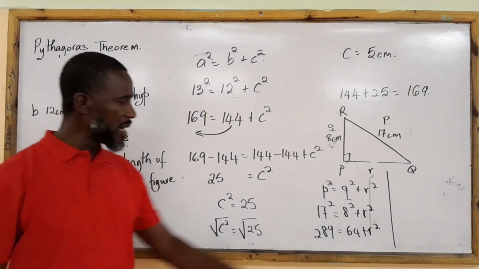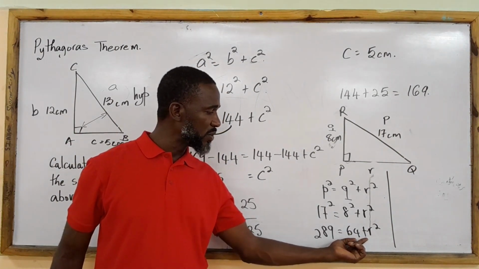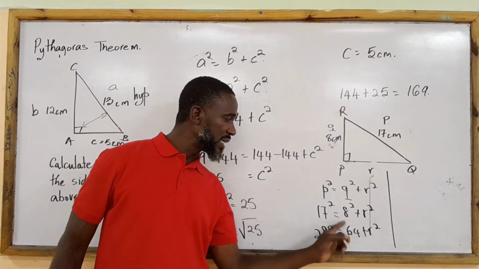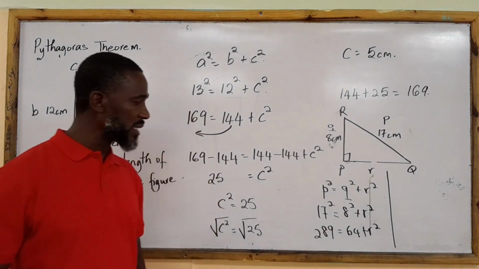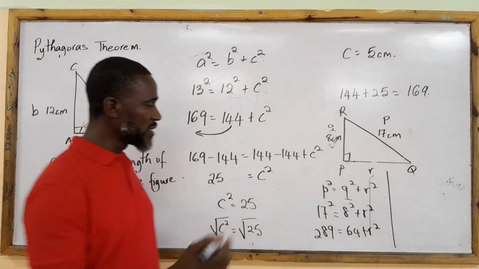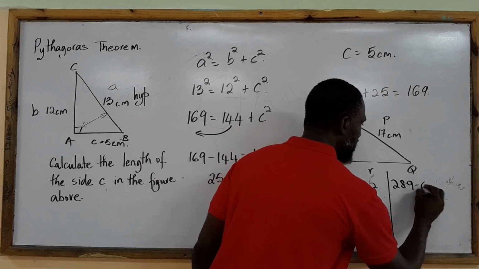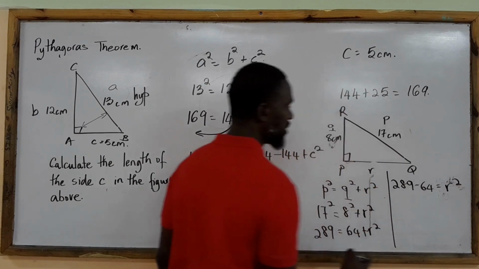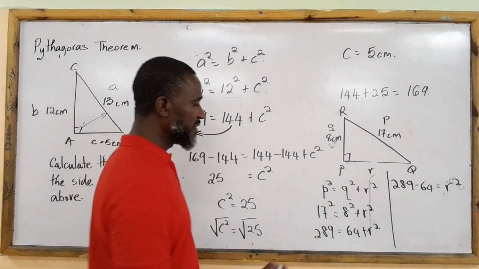Again, what operation is this here? Adding, multiplying, subtracting, which one? Adding. So if I take the 64, which is a positive 64, across this side, it becomes negative. So it becomes 289 minus 64 is equal to r squared. 289 minus 64 is 225.